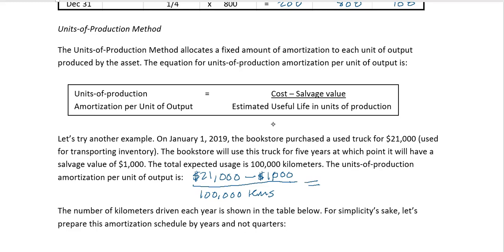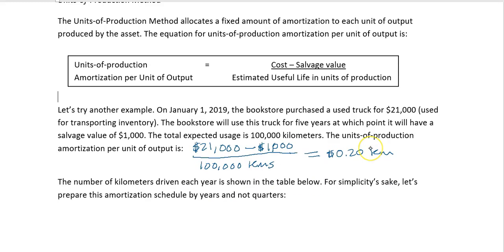And that should give us 20 cents per kilometer. So for each kilometer driven by the truck, we amortize 20 cents.